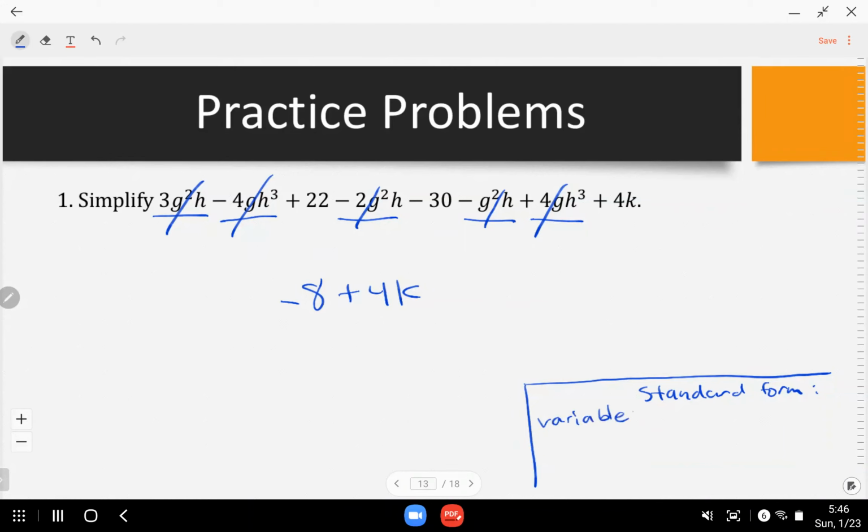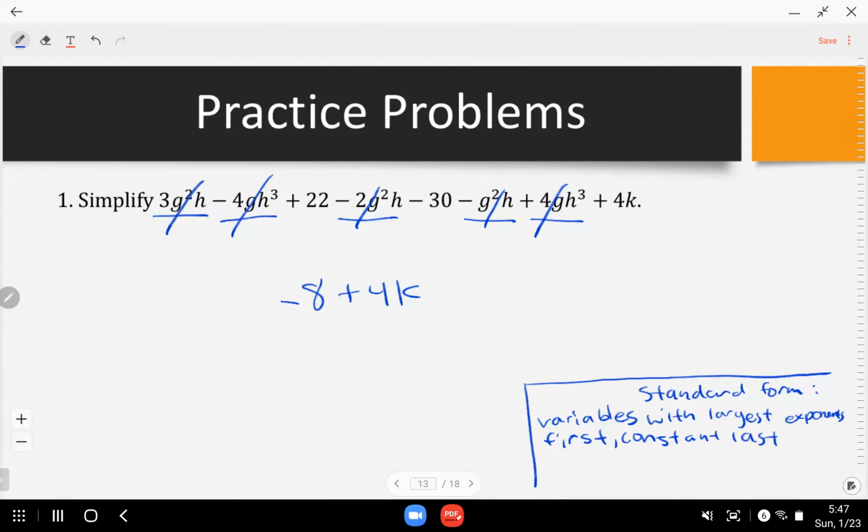So basically, variables with the largest exponents first, constants. All right.